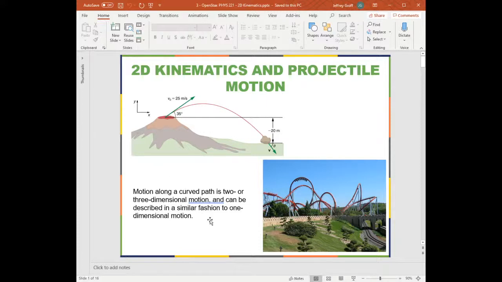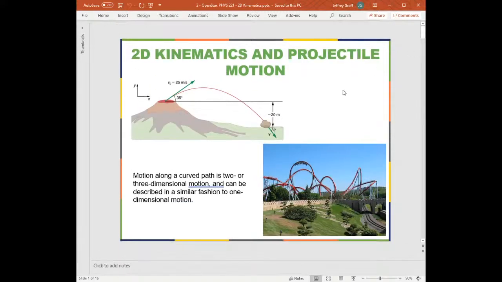And so what we're going to be doing is studying motion that is along a curved path.